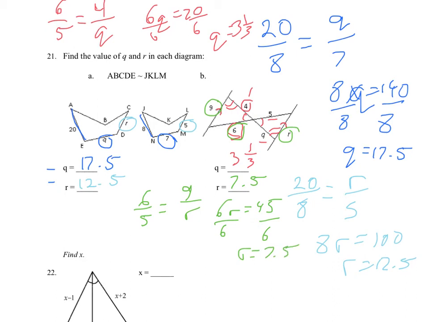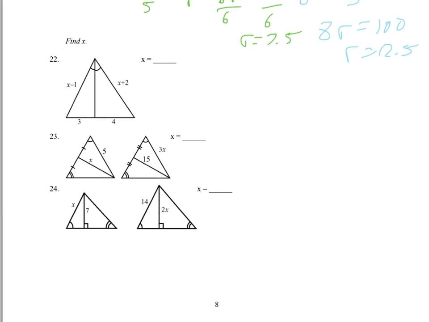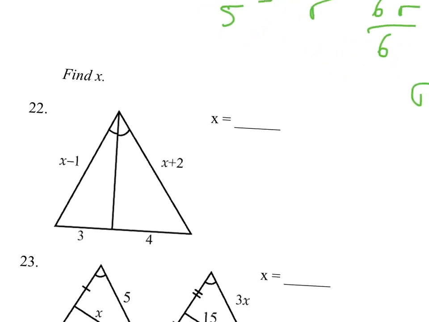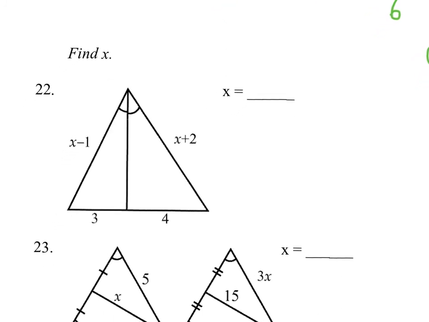Okay. Moving on, number 22. We're finding X here. So number 22, this is an angle bisector. You'll recall that an angle bisector, the segments that it splits the side up into are going to be proportional, 4/3, to these sides. 4 was first on top, the numerator, so x plus 2 is the numerator.